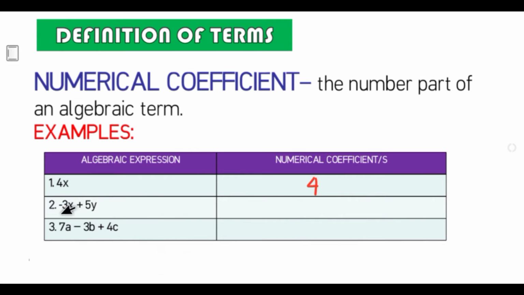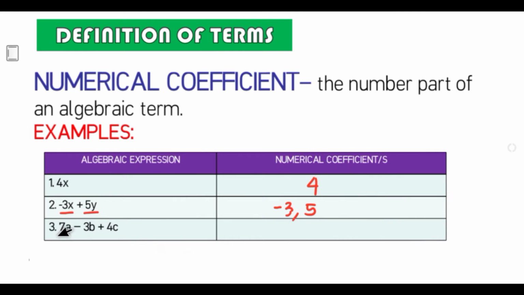Dito naman, meron tayong dalawang term. We have negative 3x at saka positive 5y. So, yung first term is negative 3x. So, ang number doon is negative 3. So, yun yung isusulat natin. And then, dito naman sa 5y, ang number part dyan is 5. So, dalawa po yung numerical coefficients sa number 2.